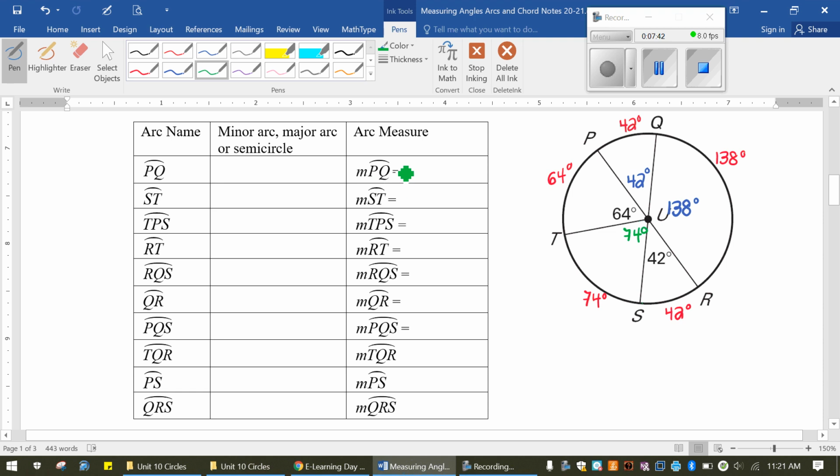If we said the measure of arc PQ, I did it already, it's right here. And since that's less than 180 degrees, that's a minor arc. ST is right here, 74 degrees. Also a minor arc.